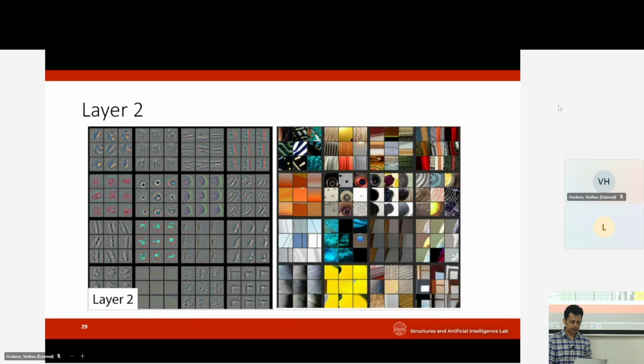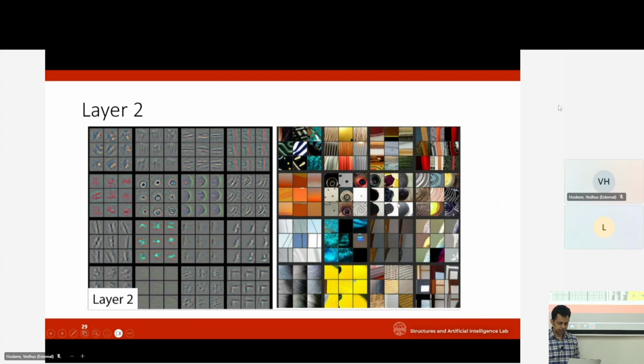And if you look at layer 2, you can see some distinct shapes, right, that different filters are specializing in. You can see, this filter here is specializing in circles. This one is specializing in stripes, and this one's specializing in edges, perhaps.